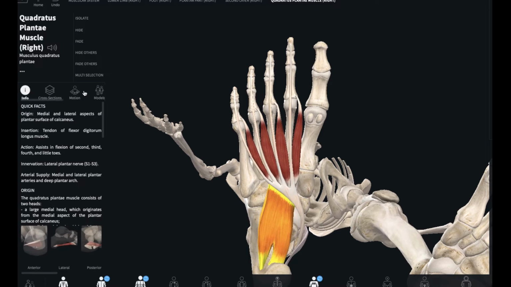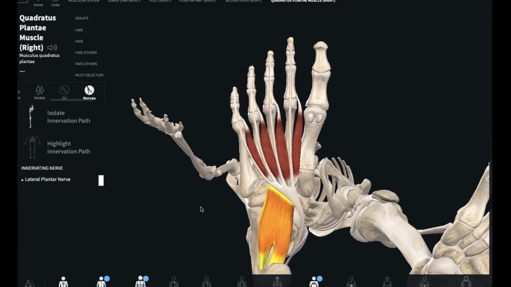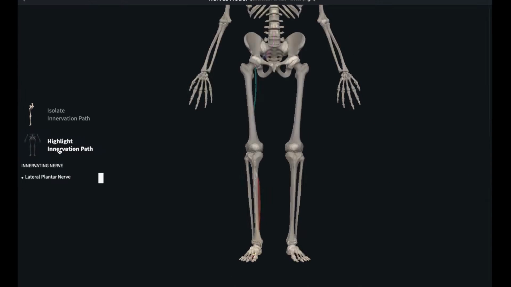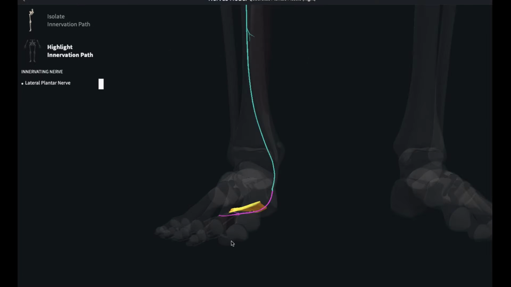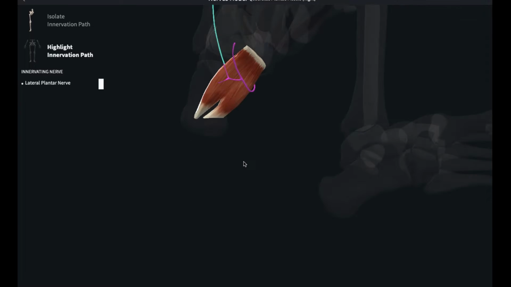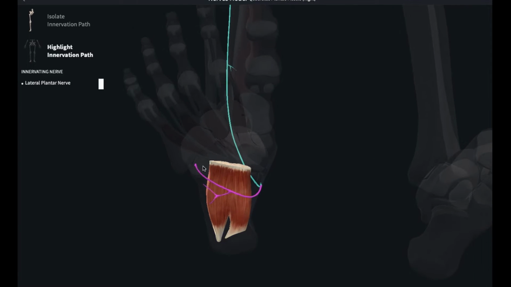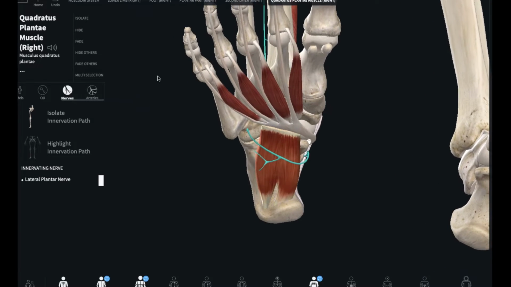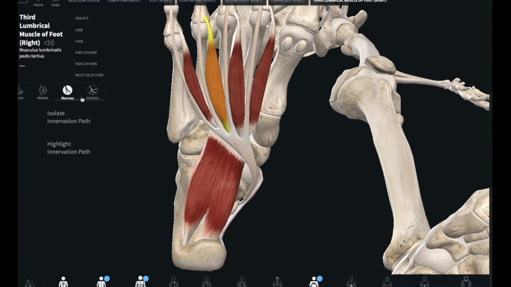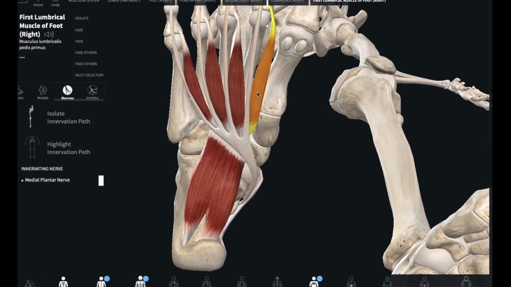Now let's see what kind of nerve innervates this. Lateral. Okay, so it's lateral nerve. I guess it would only make sense, as you can see, it kind of just curls under. Okay, now let's go see what nerves these are. Deep branch of the lateral plantar nerve. Now, are there, oh, there it is.